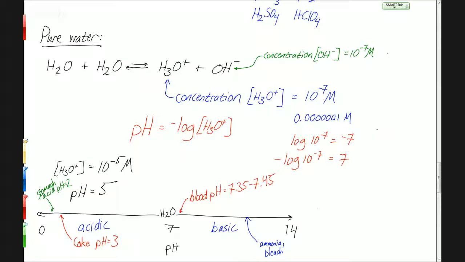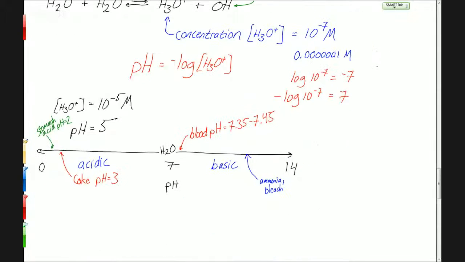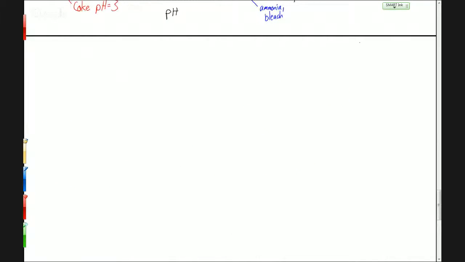For every hydronium ion you form, you have to form a hydroxide ion too in pure water. So the pH scale really just describes the offset here. As you have more hydronium, you have to have less hydroxide. We call that acidic. As you have less hydronium, you have more hydroxide. We call that basic.